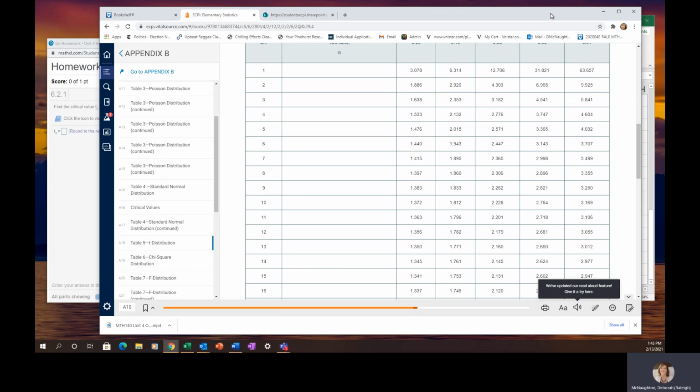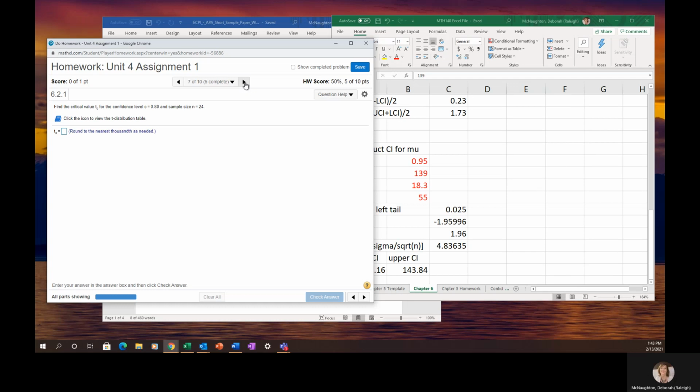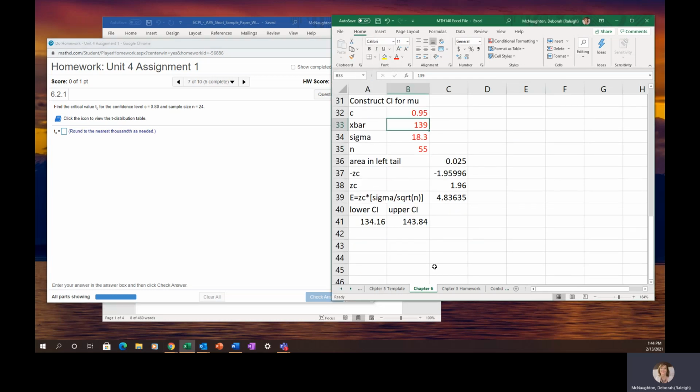All right, so let's go do some of the homework. All right, so number 7, find the critical value for c equals 0.8 and a sample size of 24. So first of all, this is section 6.2. Okay, so we use t when sigma is unknown.